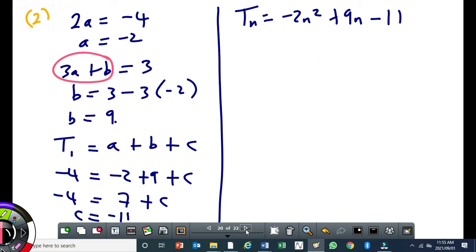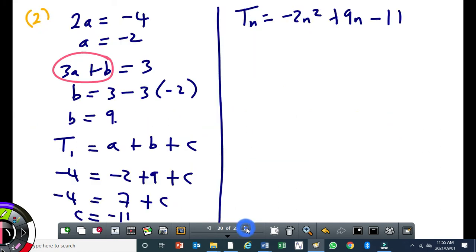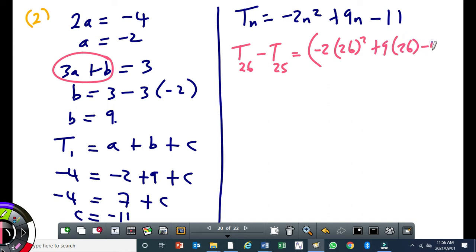Then, since we now know the general term, the question says calculate the difference between the 25th and the 26th term of the quadratic pattern. Therefore, we can subtract T25 from T26. So we'll say T26 minus T25 of that quadratic pattern is going to be equal to minus 2 times 26 squared plus 9 times 26 minus 11.